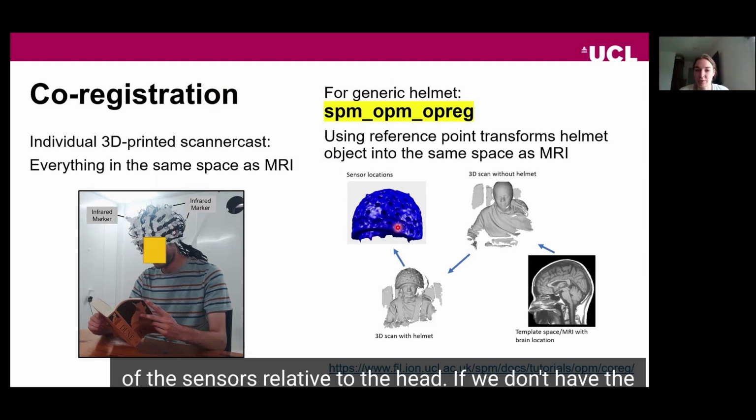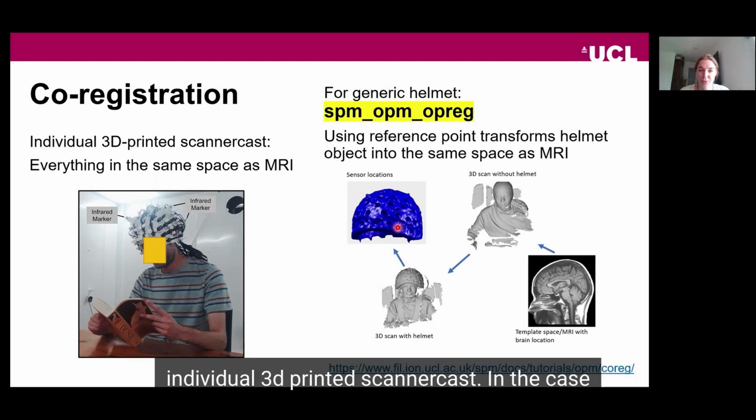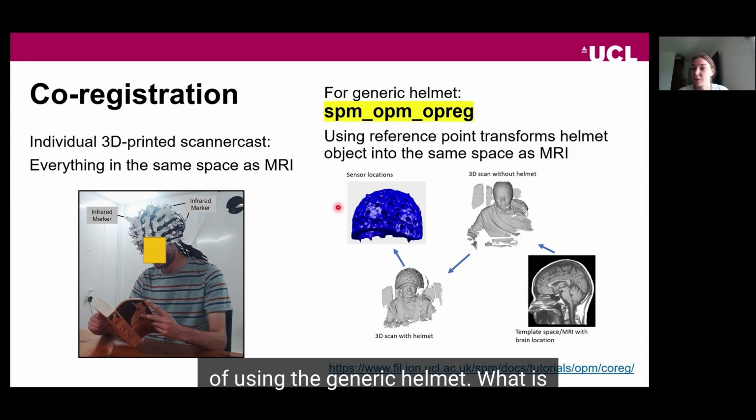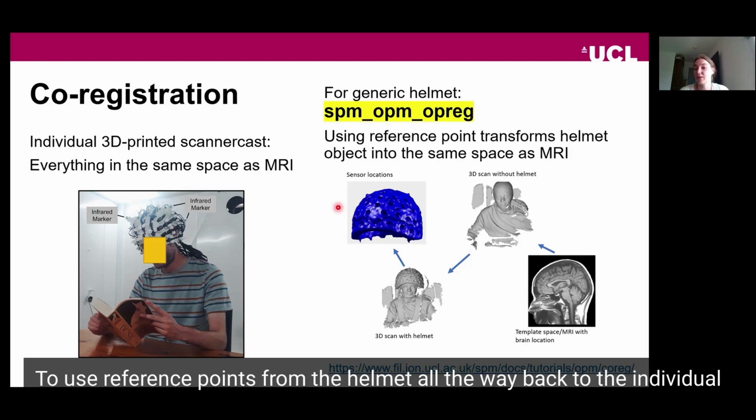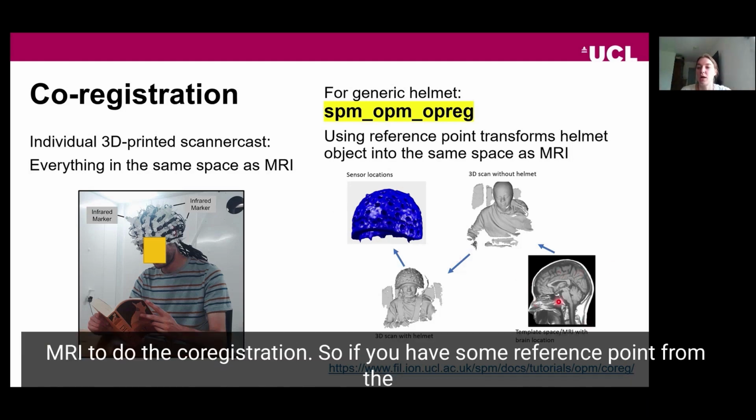If we don't have the individual 3D printed scanner cast, and we are using a generic helmet, what is usually done is that you have optical scans, so you need to use reference points from the helmet all the way back to the individual MRI to do the co-registration.